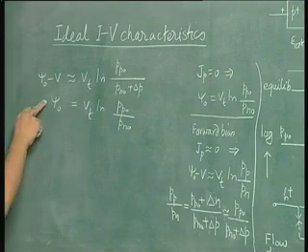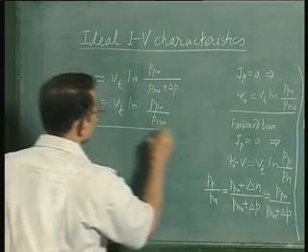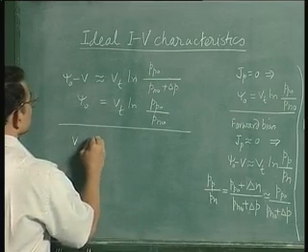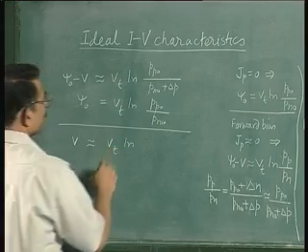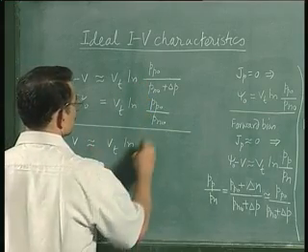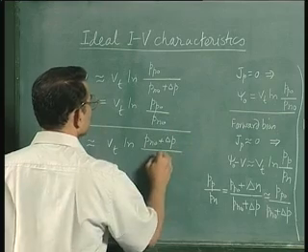Therefore we can subtract this equation from this equation and we can write V is approximately equal to Vt ln, we are subtracting this from this, so you get Pn0 plus delta P upon Pn0.